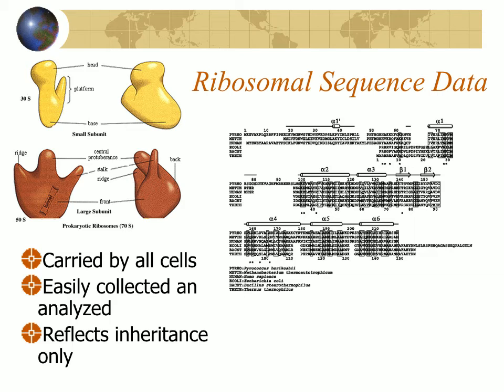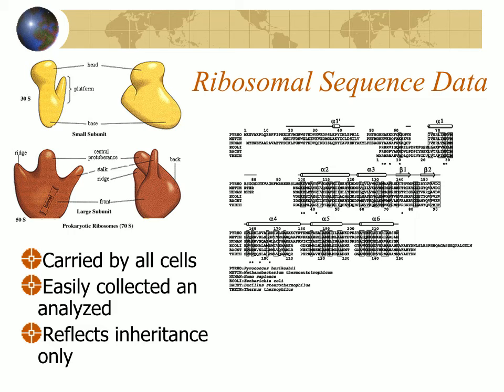And then what we do is we look at the sequence of one gene that we know all animals have, and that's the ribosome. So it's carried in all cells. We can easily get this one gene, and we know this gene probably doesn't have any horizontal transfer.